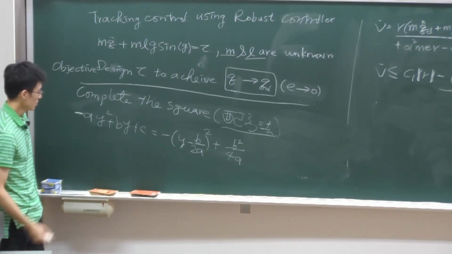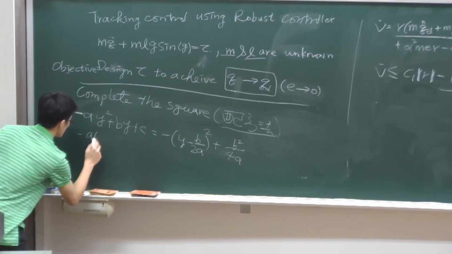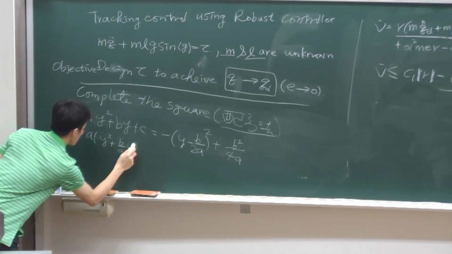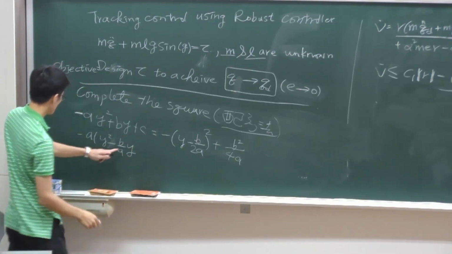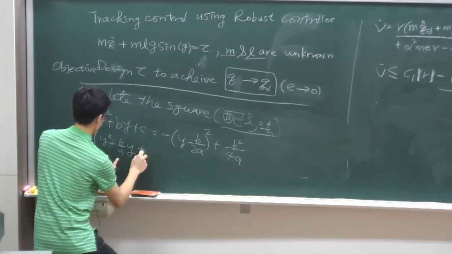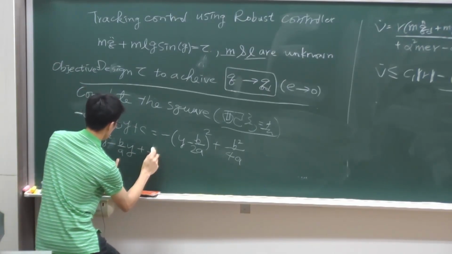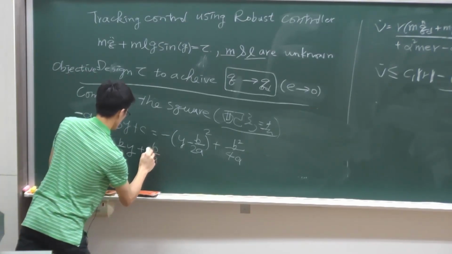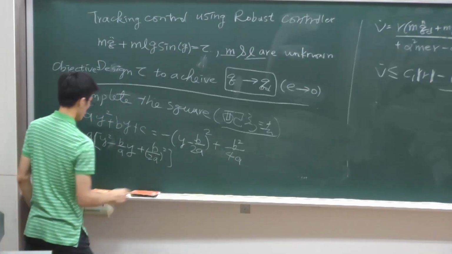Long time ago. So let's try this. Y square plus aby minus, right? Plus 2ab square, right?